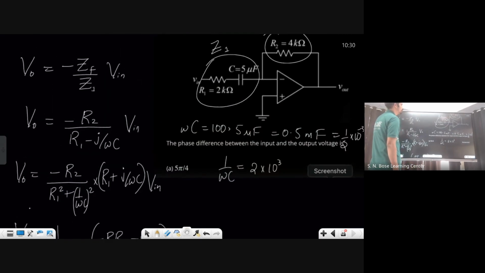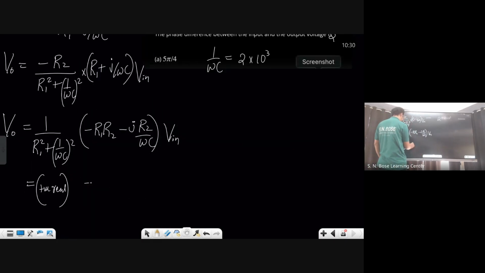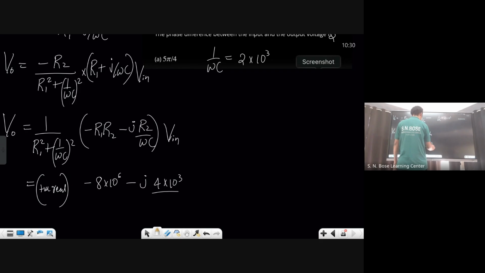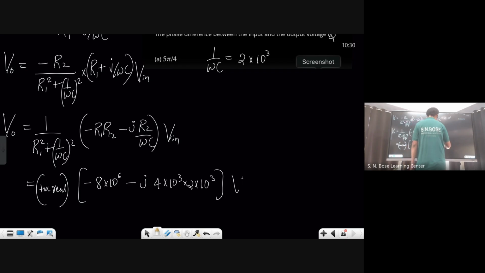R1 R2 is 2k times 4k, minus 8 into 10 to the power 6, minus j into R2, which is 4 into 10 to the power 3, times 1 by omega C, which is 2 into 10 to the power 3 again. This is the complex quantity into V in.